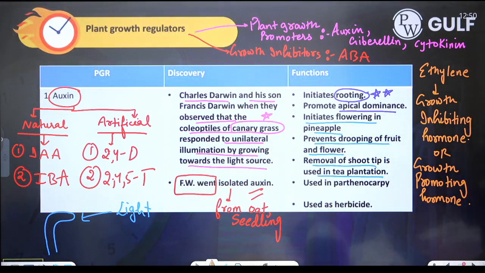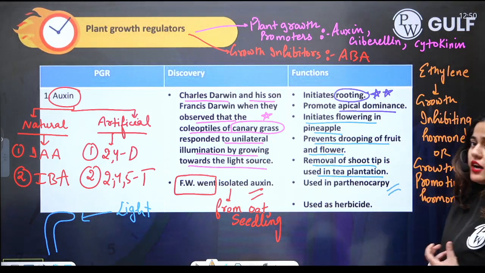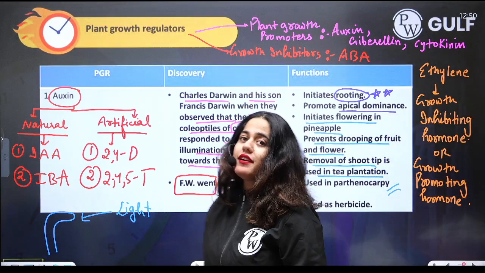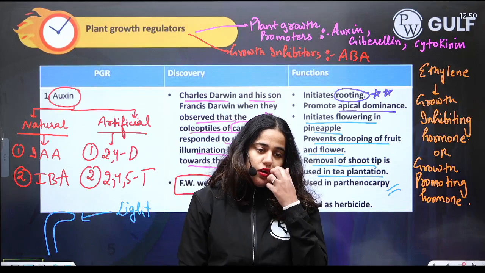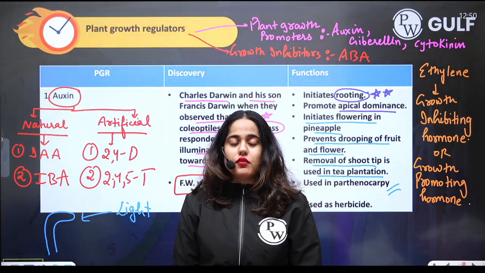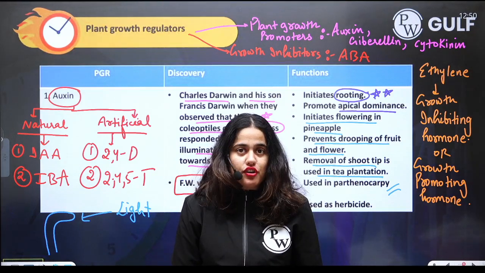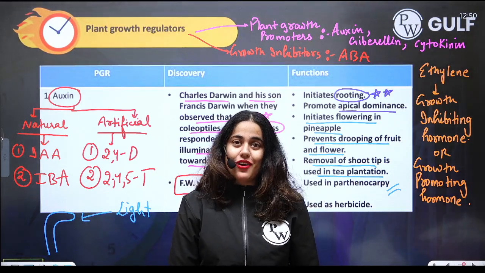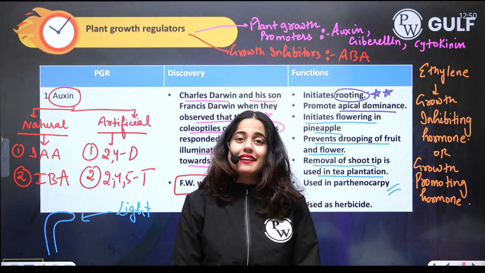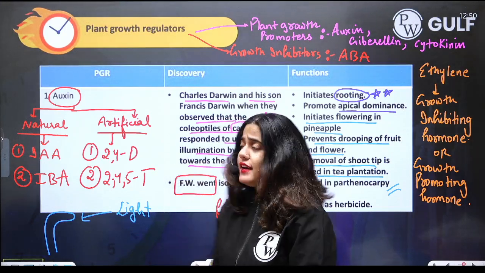Then it can be used in parthenocarpy. As you know, parthenocarpy is the formation of fruit without fertilization. So whenever the ovary directly develops into a fruit without any fertilization, there will be a high concentration of auxin in the ovary.